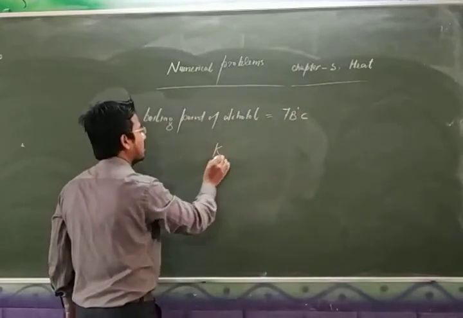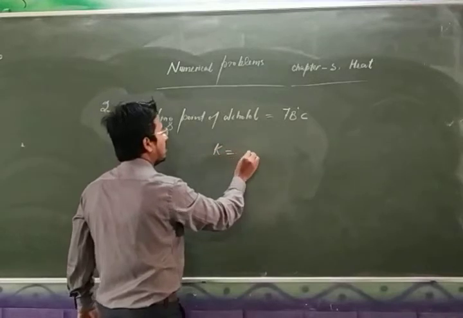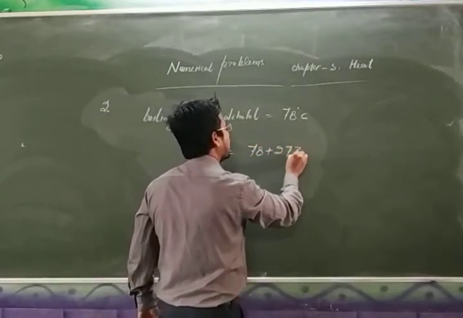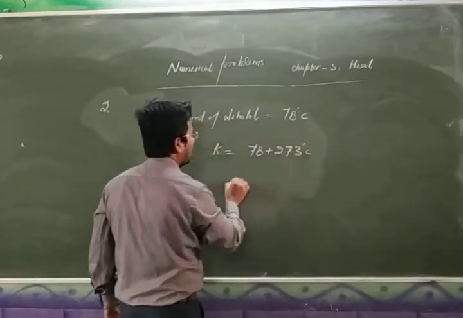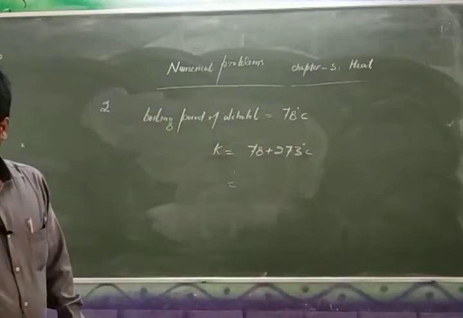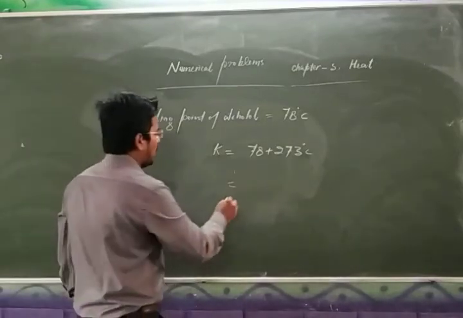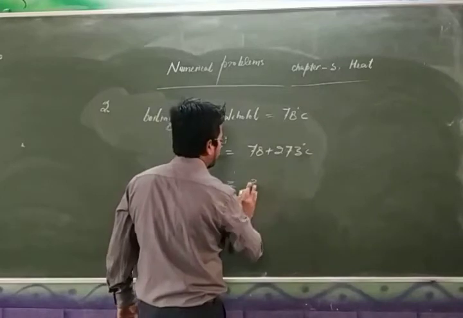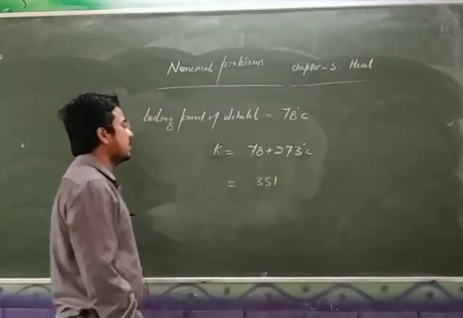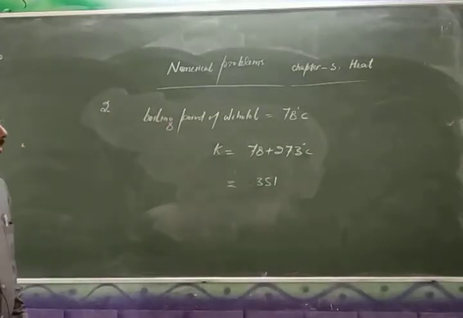If we have to convert into Kelvin, very simple, we add 78 plus 273, and we will be able to convert into Kelvin. 351 Kelvin if we convert it. Now come to the third one.